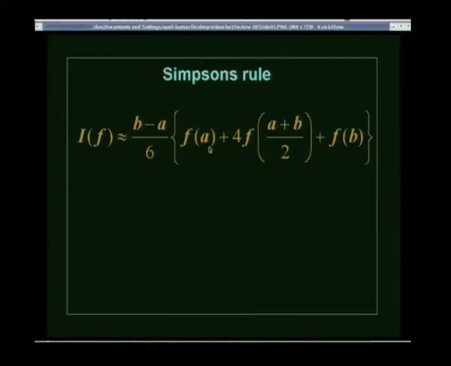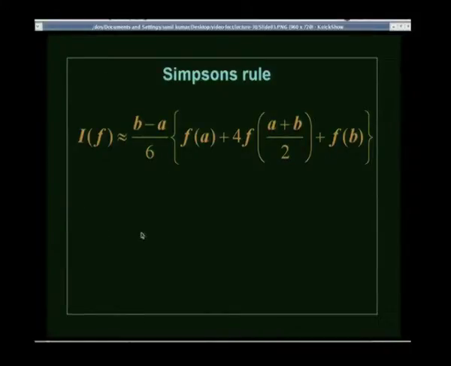We evaluate the function at the two ends and also in the middle, and then write the formula for the integral as (b minus a) by 6 times f of a plus 4 f of (a plus b) by 2 plus f of b.